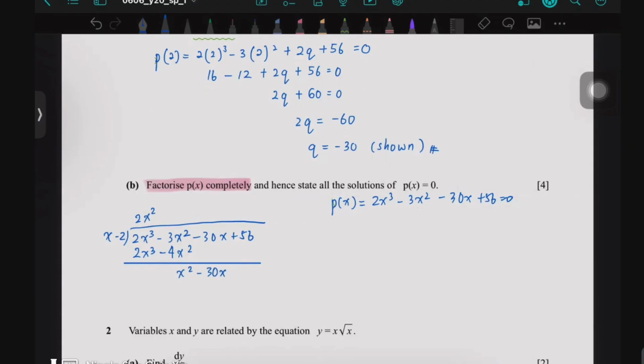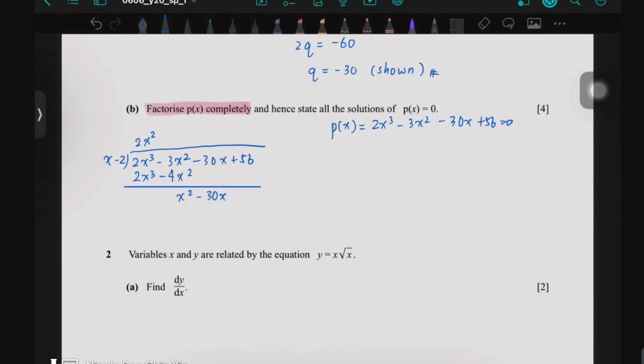So next I will put positive x, you will get x squared minus 2x. I get negative 28x plus 56. So next we will minus 28, I get negative 28x plus 56.